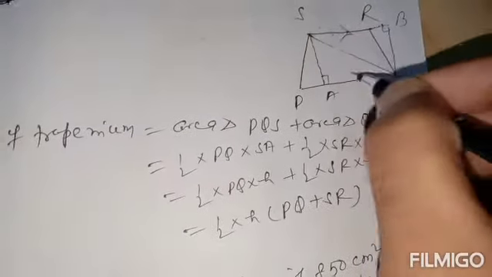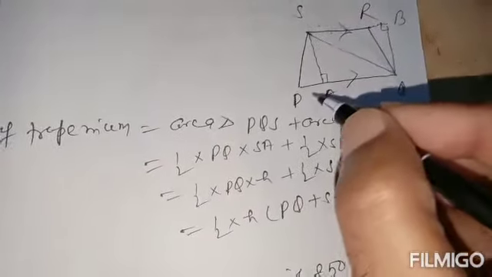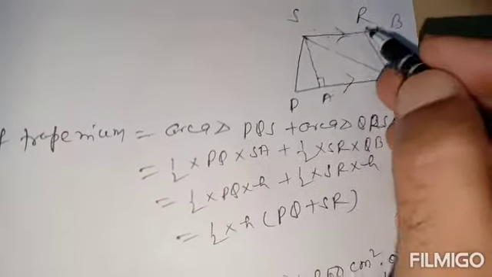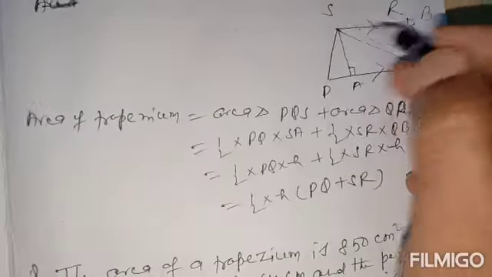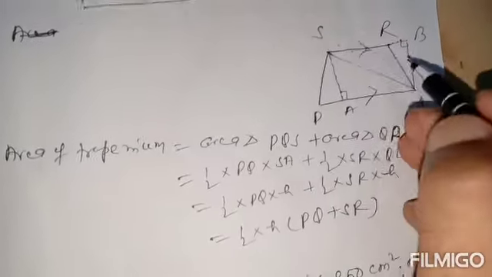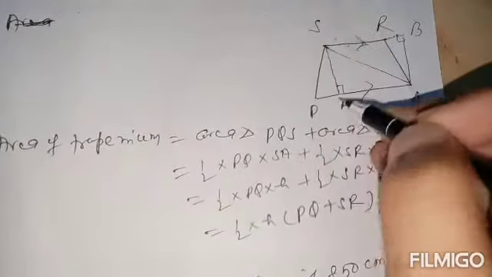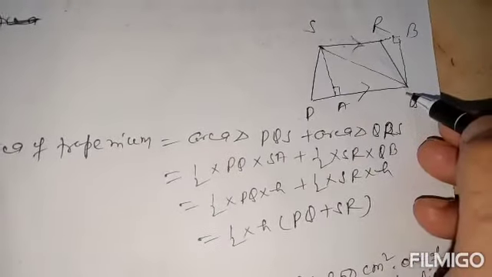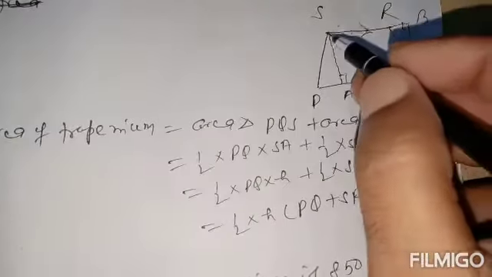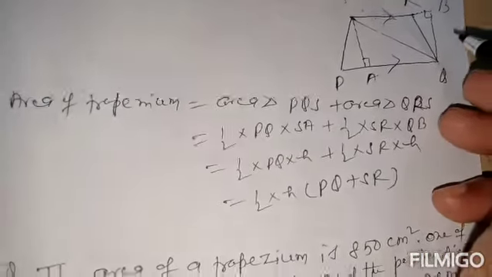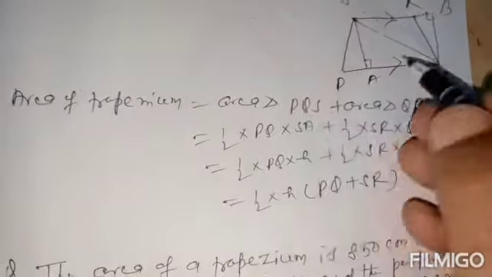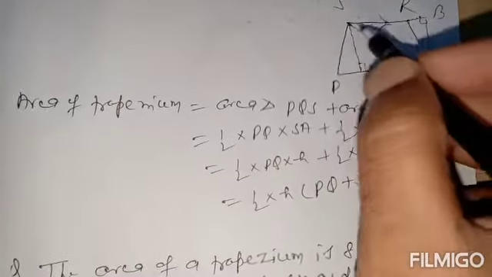Here PQRS is a trapezium whose side PQ is parallel to RS. So we draw SA perpendicular on PQ and QB perpendicular on SR produced at B. For the area of the trapezium, here we join QS.